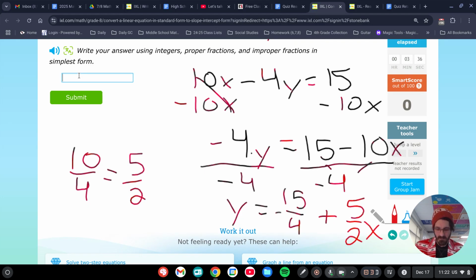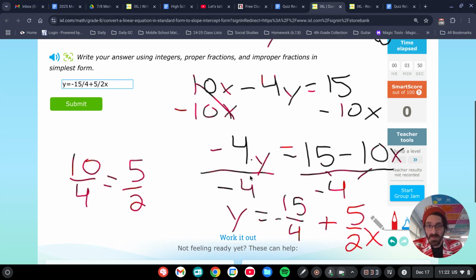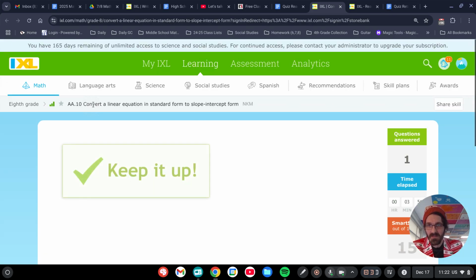Let's try that. Negative 15/4 plus 5 halves times x.